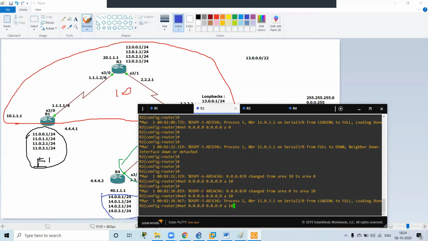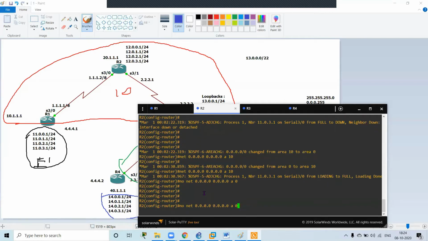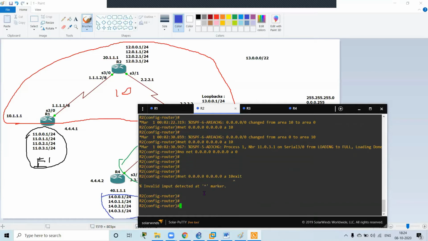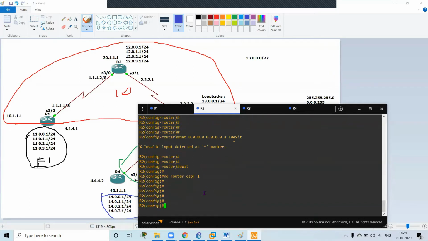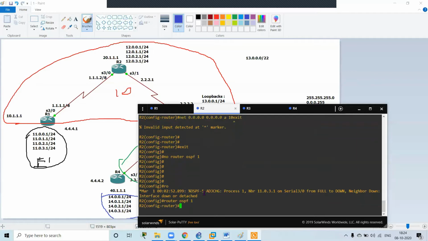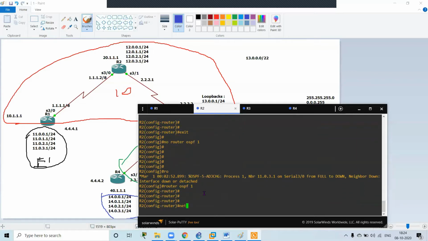Okay, but what was the configuration I've done? I'll remove this. Router OSPF 1, network 0.0.0.0 0.0.0.0 area 10.